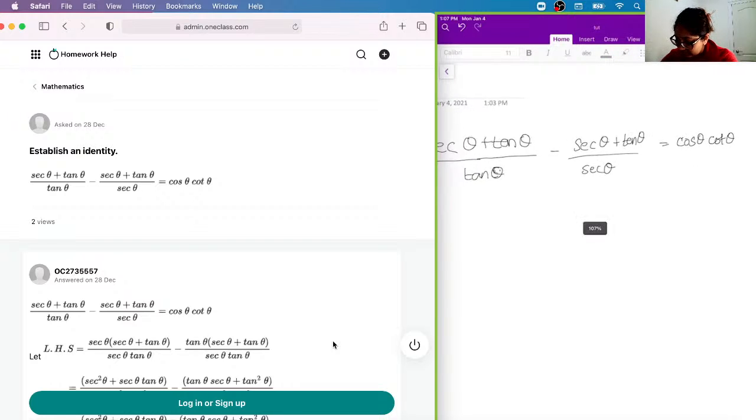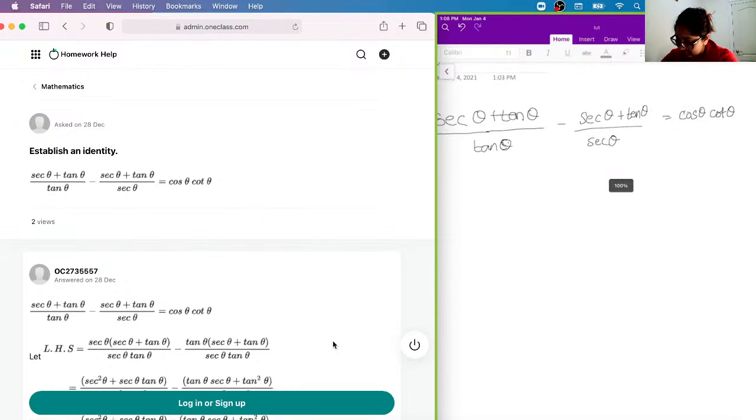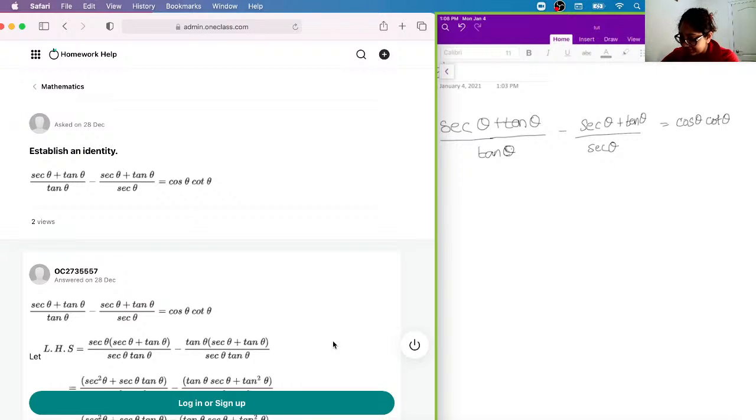And so we basically have to prove that the left hand equals the right hand, the left side equals the right side, right? So the first way to approach this question is by proving that the left side is equal to the right side.